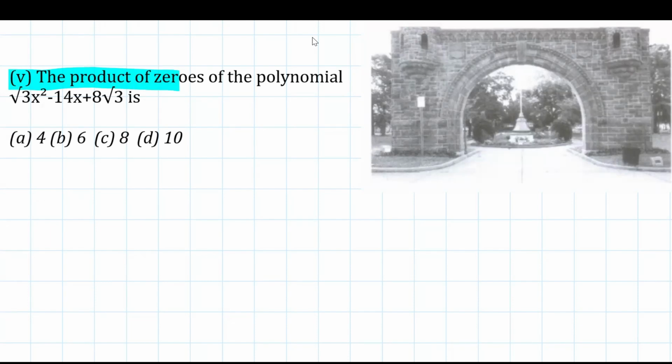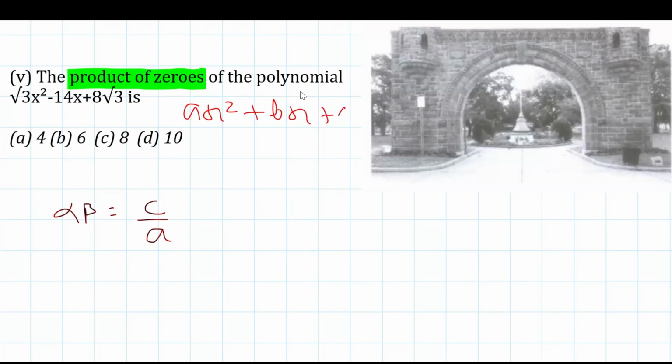Now in this part, which is the final, fifth part of this case study, we have to find the product of the zeros of this polynomial. We are not going to find the zeros and then the product. Instead, we are going to use the relation that the product of the zeros is C over A. If a polynomial is in the standard form ax square plus bx plus c, we can compare from here what A is.